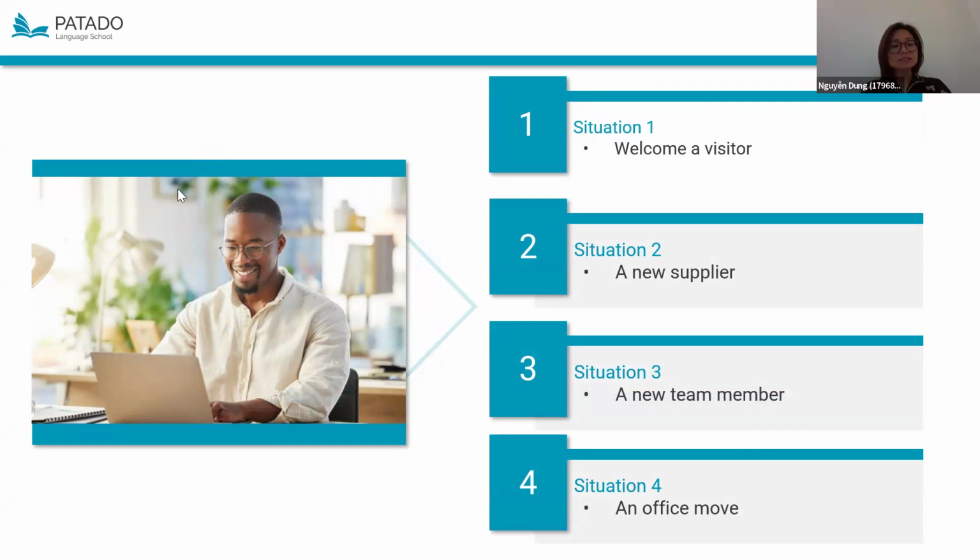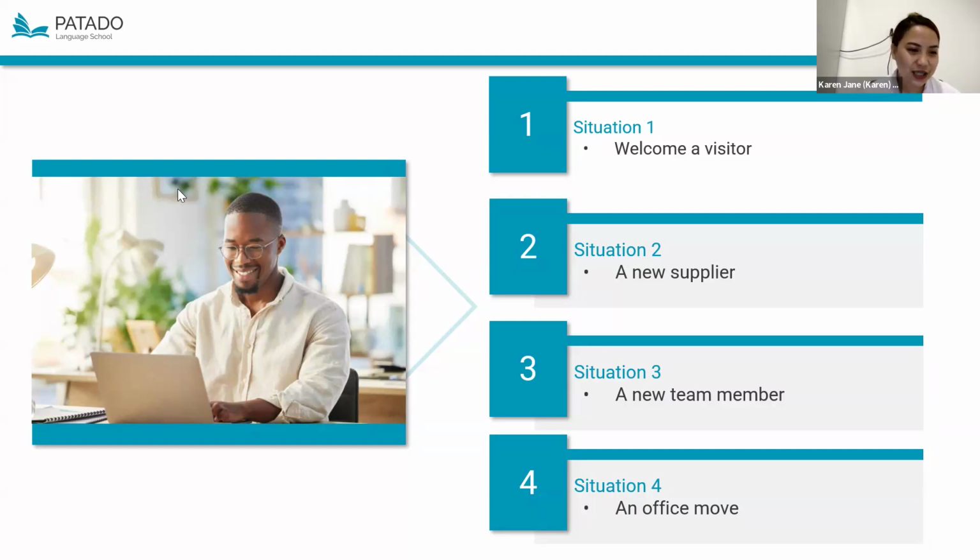Yes. Okay. So we are just going to talk about 4 scenarios. First is welcoming a visitor. Next is finding a new supplier. Third is welcoming a new team member. And the fourth one is how to do an office move.